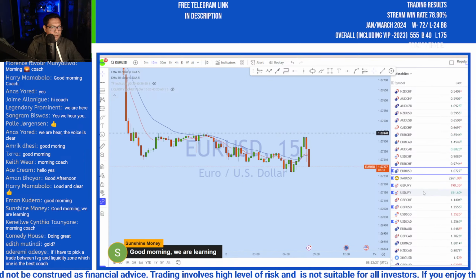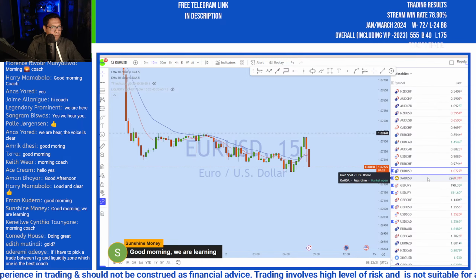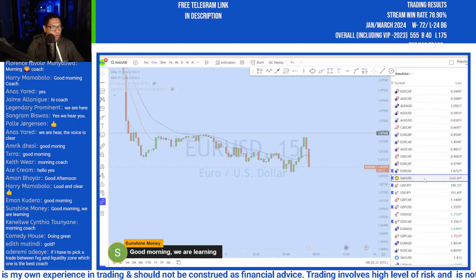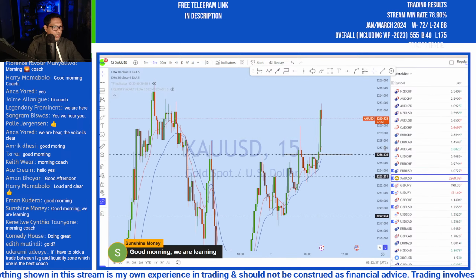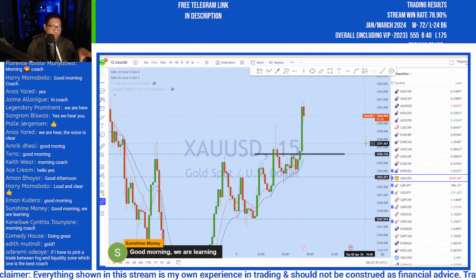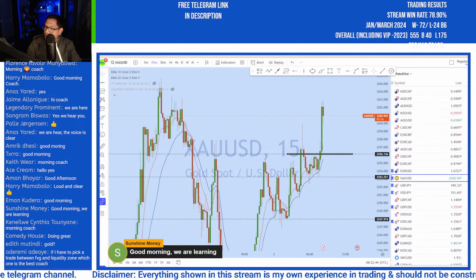Euro dollar and gold are normally moving a bit strangely. We see that euro dollar is in a very strong downtrend while gold is in an uptrend. Can anyone explain the reason behind this?